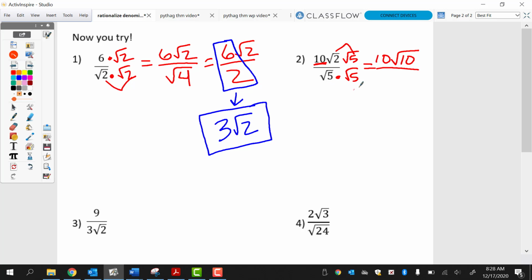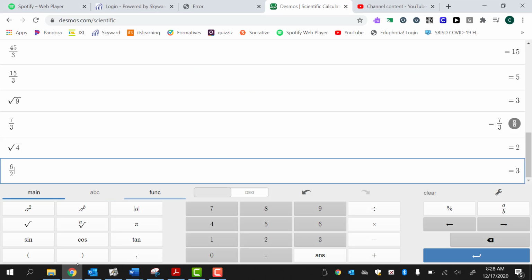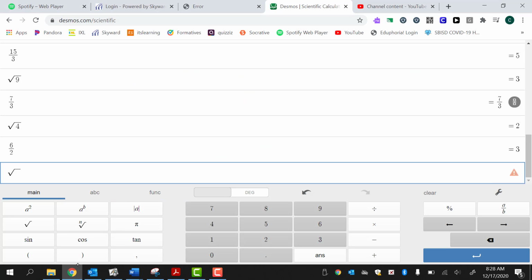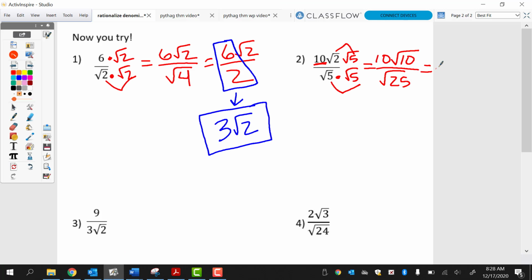On the bottom, 5 times 5, you would type that in Desmos and you would get 25. And then the square root of 25 is 5. So right now I have 10 square root of 10 over 5.